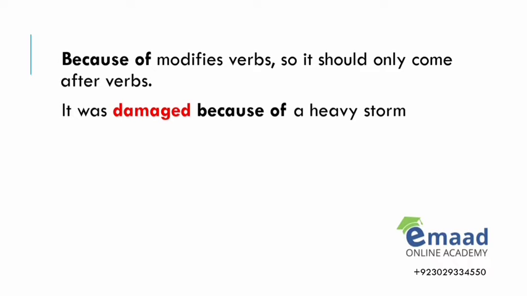Why was something damaged? Because of a heavy storm. Because tells us the reason. So because of what? Because of a heavy storm. So here in this sentence, because of is a phrase that modifies the verb damaged.